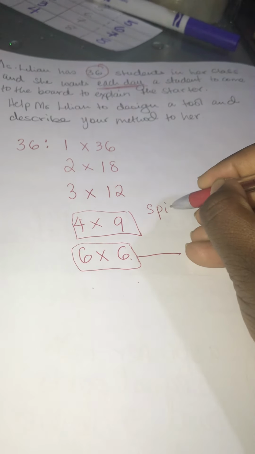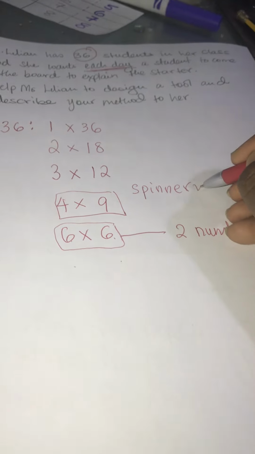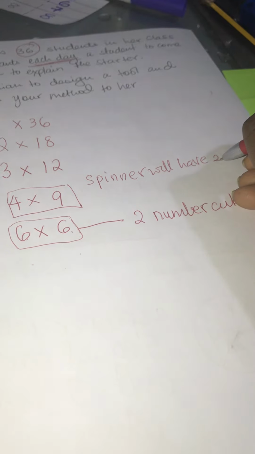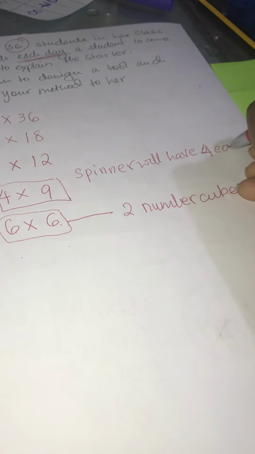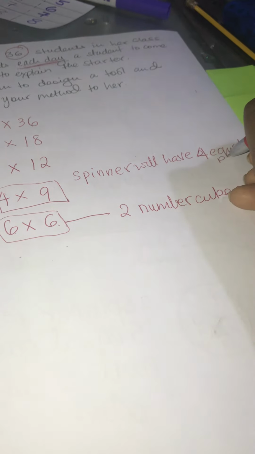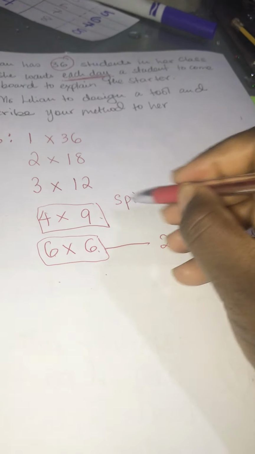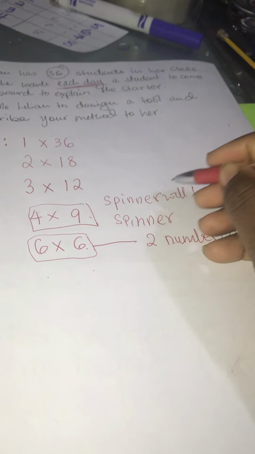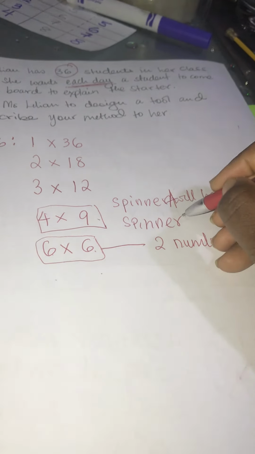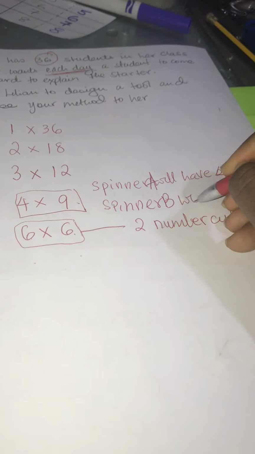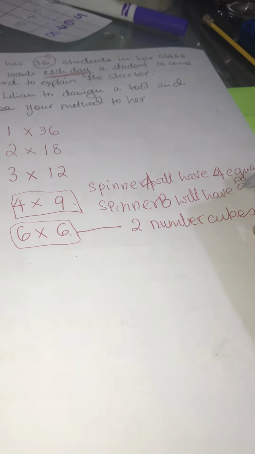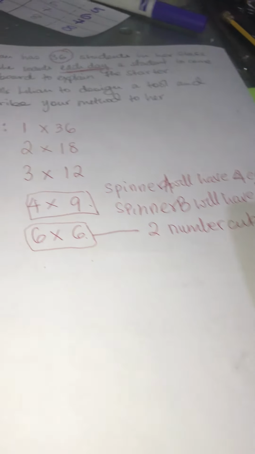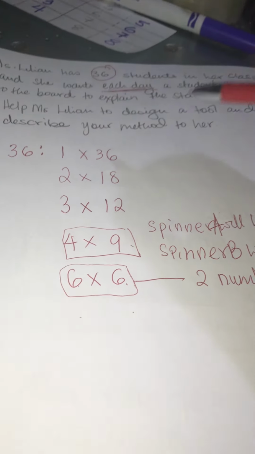Spinner A will have 4 equal parts. I call them spinner A, spinner B. Spinner B will have 9 equal parts. Okay?